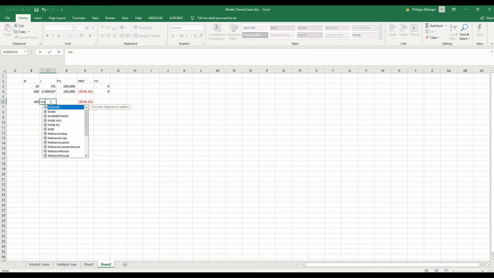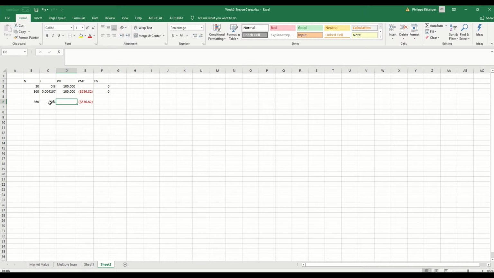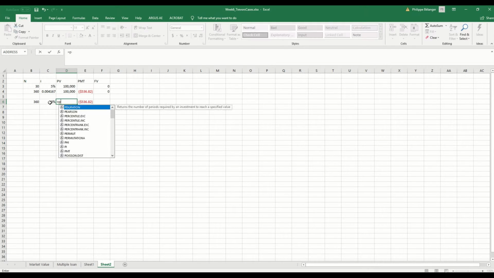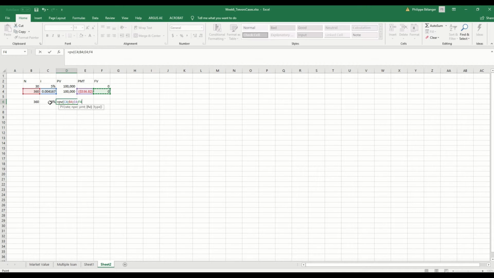The interest will be RATE, NPER, payment, PV, FV. PV will be PV, rate, number of periods, payment, and future value.